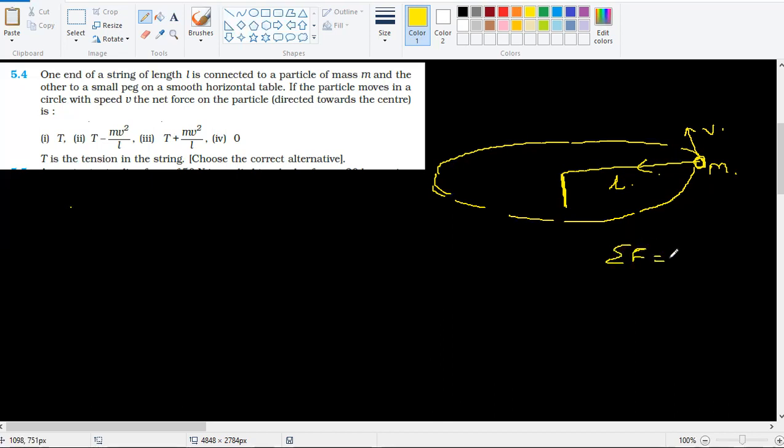So sigma F is equal to ma. There is no other force, only the tension is acting in the string. So tension is this way. So tension should be equal to mv squared by r.